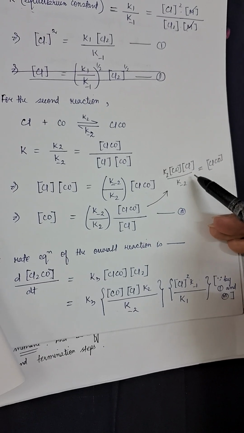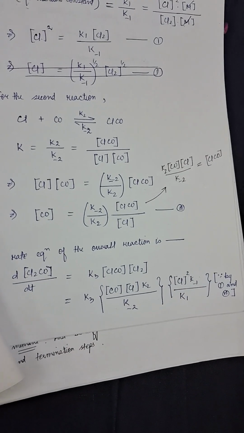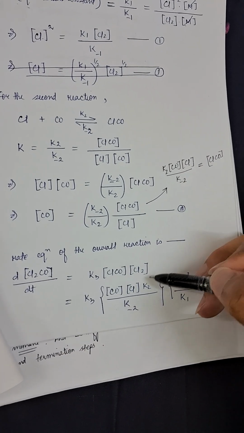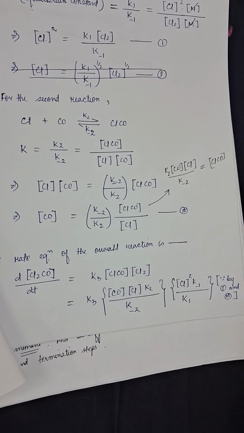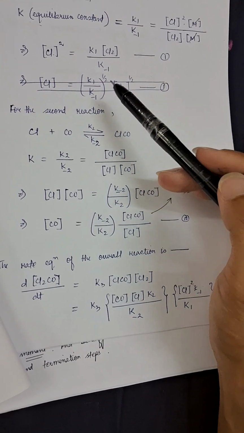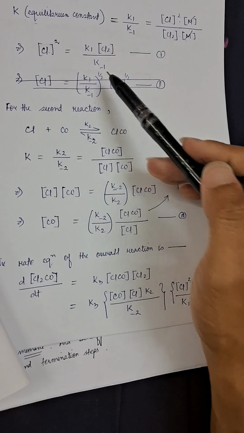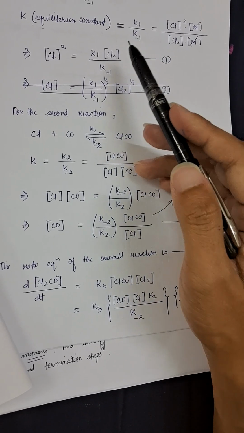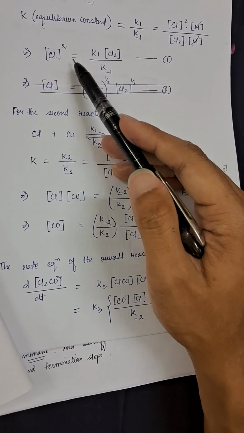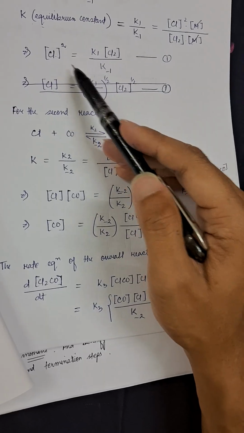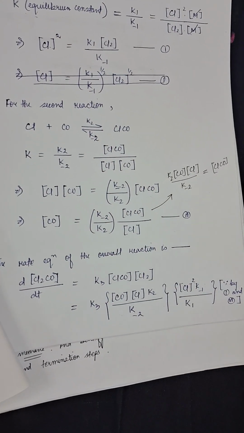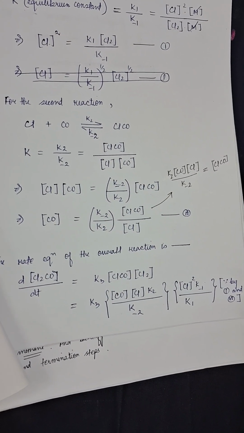So I got the formula, I got the value of ClCO, so I just put it here instead of the ClCO. Same goes with this one. I want Cl2, so Cl2 I leave it here. This one I transfer this side, this one I transfer this side. I got the value of Cl2, I put it here, okay.